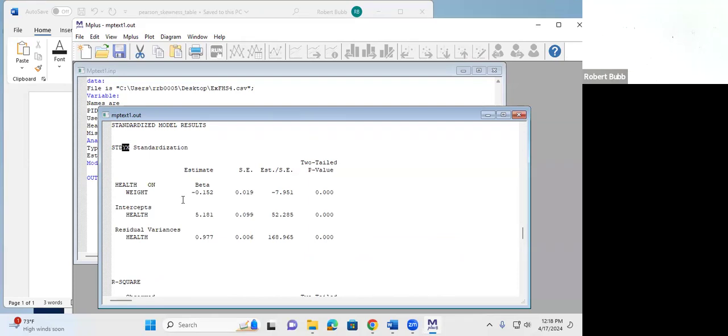Even here, the only thing you really need is this beta value for your slope, for the weight in this case. That's the one you want.